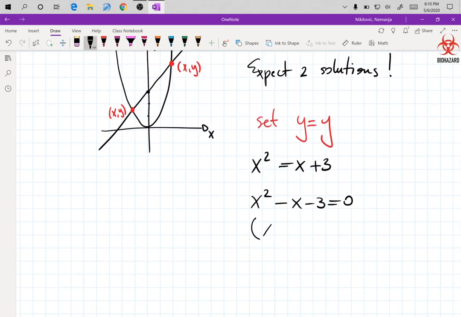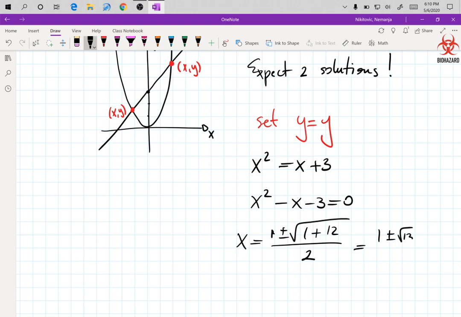Luckily this factors into... oh no, it doesn't factor. Use the quadratic formula: 1 plus or minus the square root of 1 squared plus 12, divided by 2. That is 1 plus or minus square root of 13 over 2. So when you use the quadratic formula, you get these values.